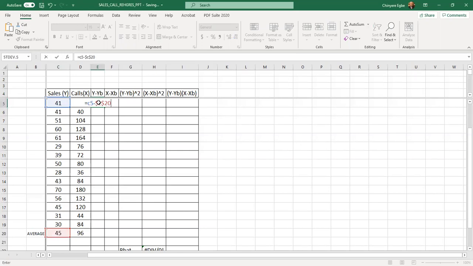All right. So we're going to subtract every value of y from the mean of y. Going to highlight that, put it in bold. Okay. So you know that is what we're subtracting from. Drag it down.